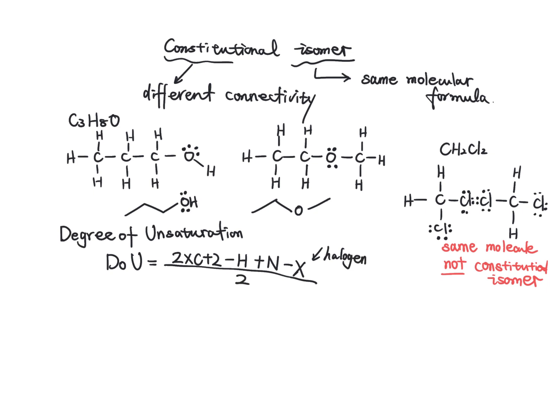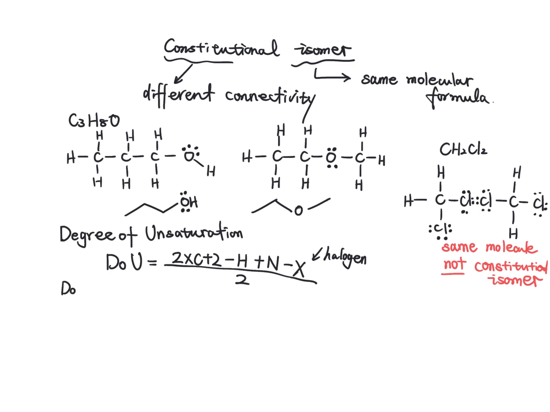So it is one minus hydrogen and minus halogen, the same thing here, because halogen and hydrogen are both monovalent. So in terms of the degree of unsaturation, their contribution would be the same.